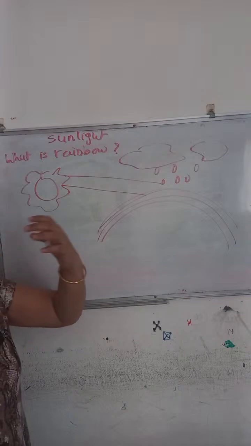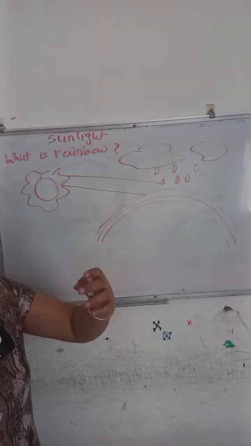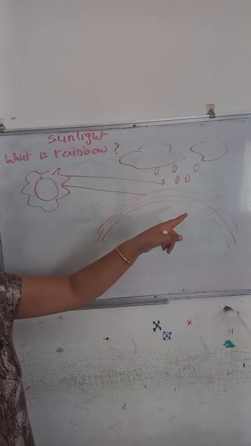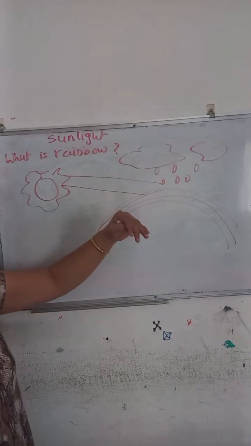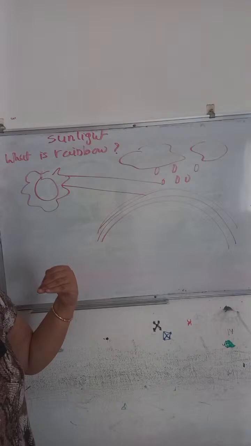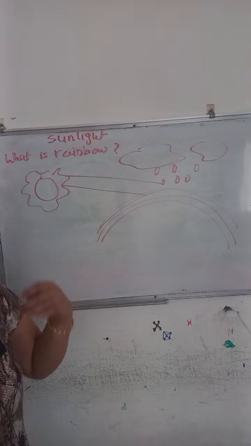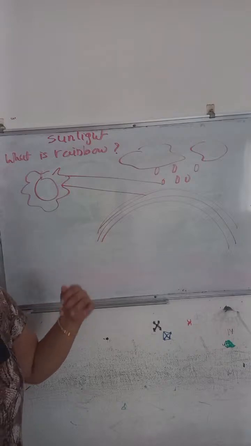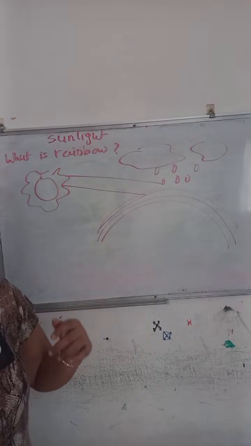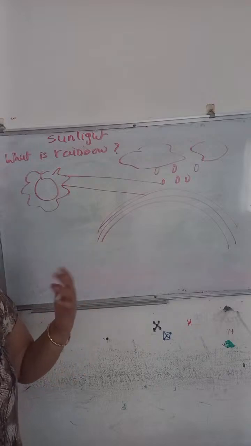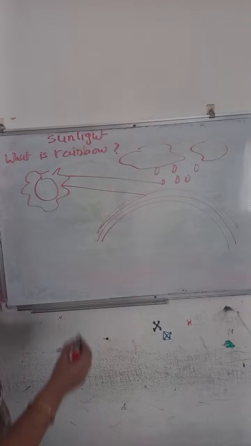There is an internal reflection that takes place inside the droplets, and the droplets reflect the light out in the 7 bands of a spectrum, and that spectrum is called a rainbow. A rainbow contains a total of 7 colors of light.